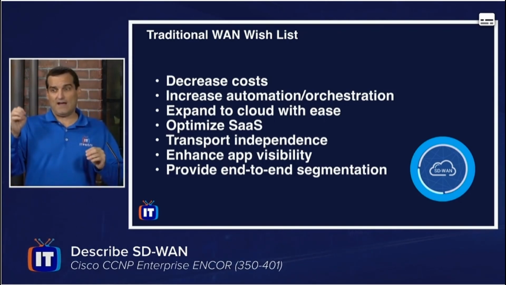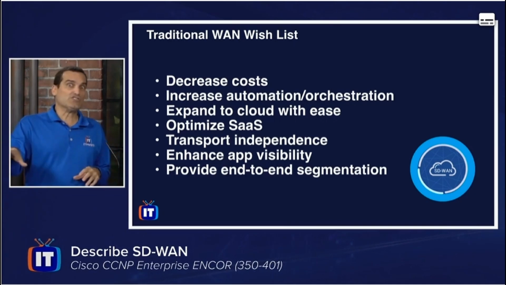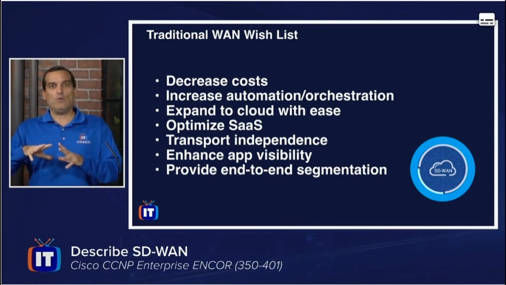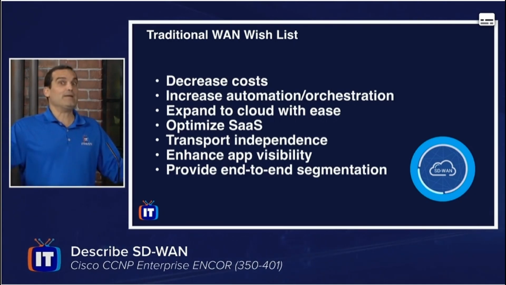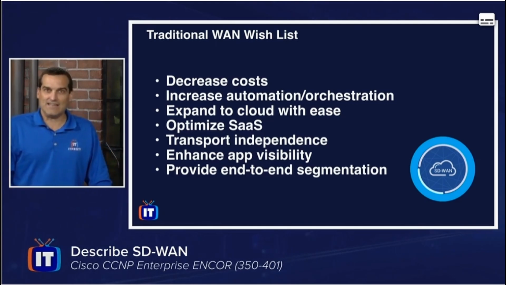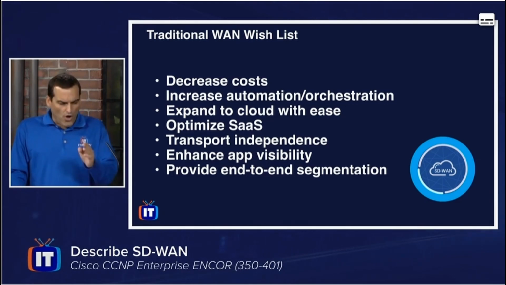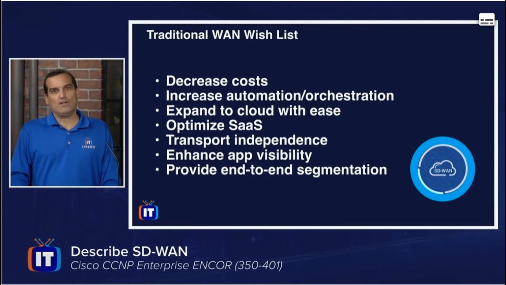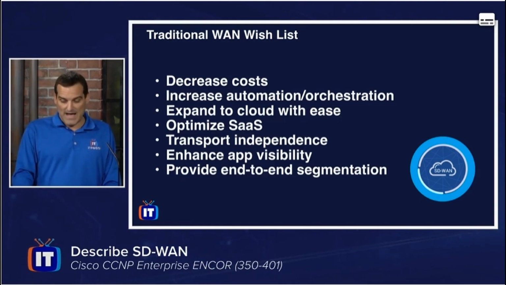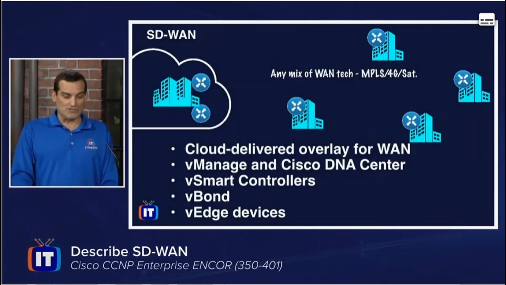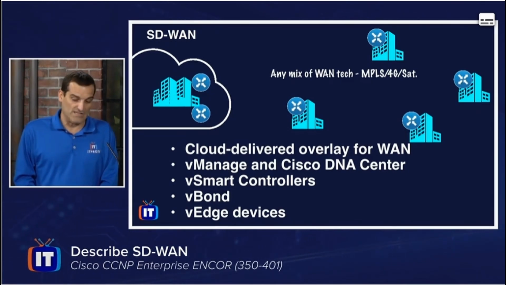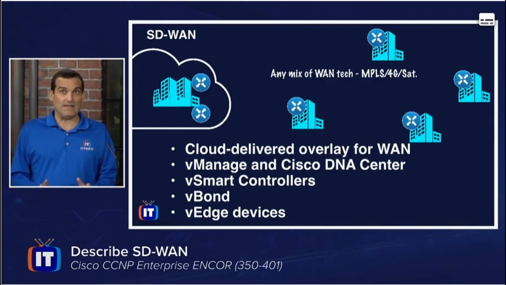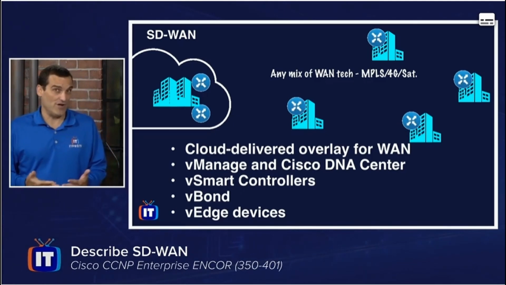So we might have our research and dev team, and we want them dynamically segmented as they transit the WAN. All of these desires are made possible by the SD-WAN solution from Cisco, and it's a bunch of moving parts that make it happen. But before we talk about those parts, I just want to emphasize something here that I attempted to draw out for you.